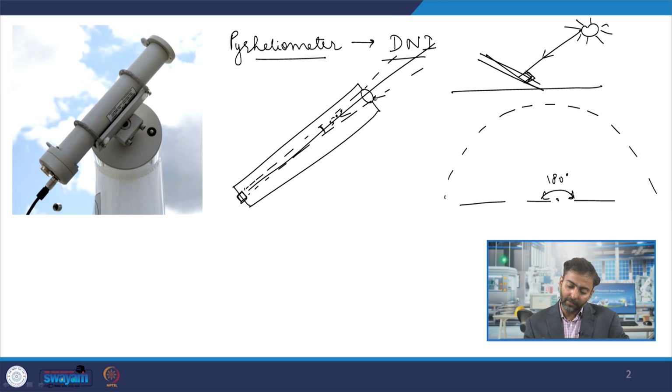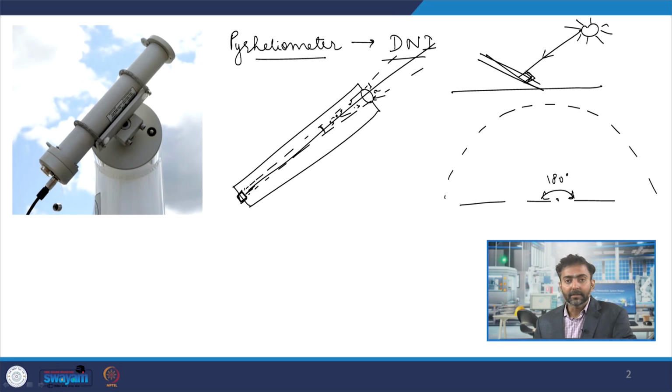Even if there is some little diffuse radiation at the surface here around the aperture, it will sort of get absorbed in the upper region of the tube, and only the beam radiation reaches the sensor at the base of the tube. So that is the idea. We are only allowing the beam radiation or the direct radiation to reach the sensor which is at the bottom of the tube, and this particular sensor then measures the intensity of this radiation.